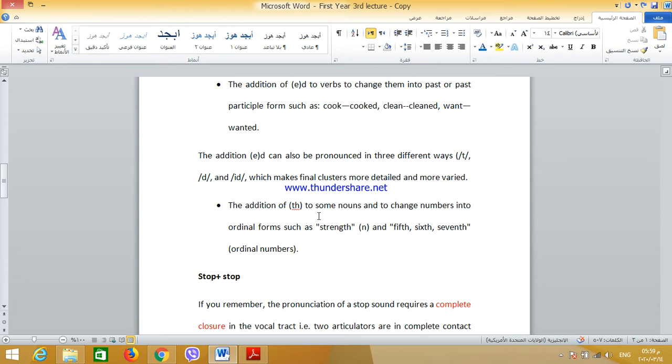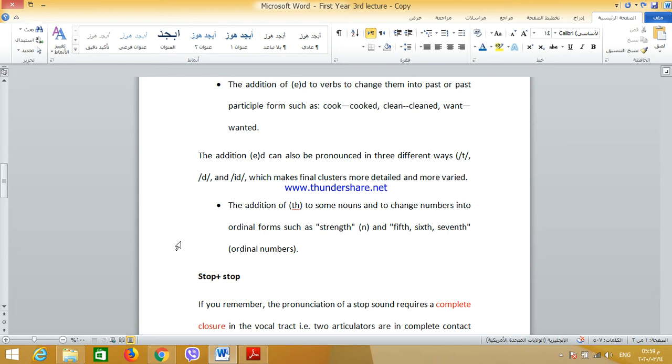The addition of th to some words changes them into nouns, and sometimes we add it to numbers to change them into ordinal forms, such as strength, a noun. Strong becomes a noun by adding th, strength, and 5 into 5th, 6 into 6th, 7 into 7th.